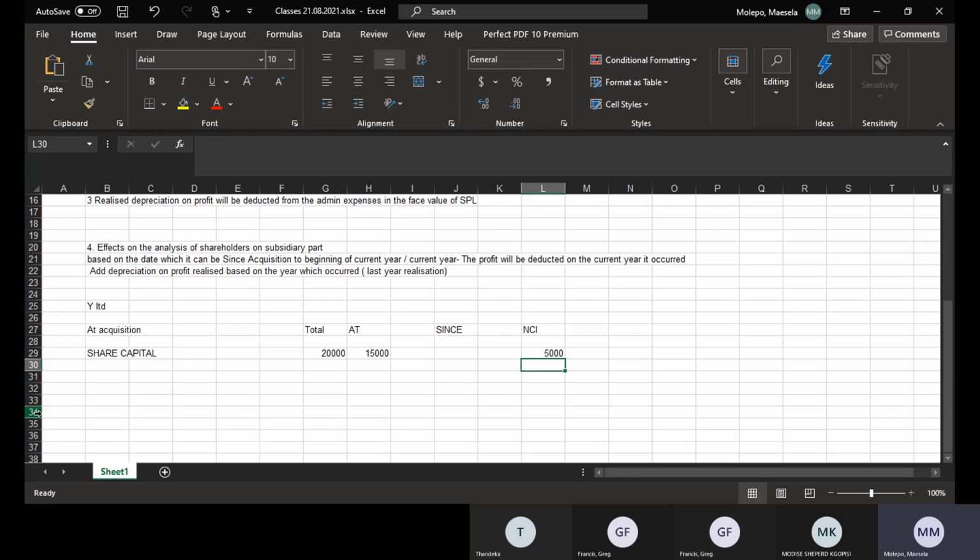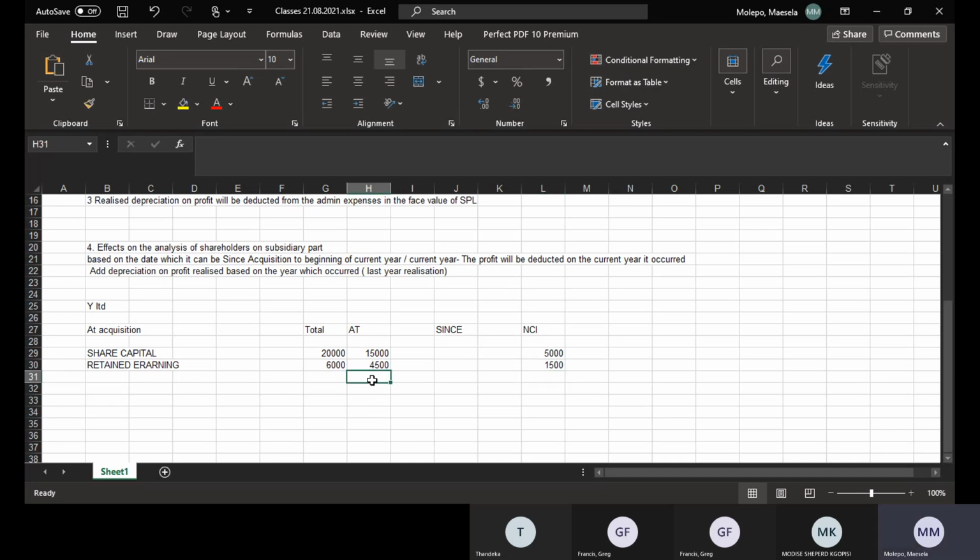Then we go further. The retained earnings as given from our pre-adjustment trial balance is 6,000, and we do our percentage, which would give us the 4.5 and the difference of 1.5.